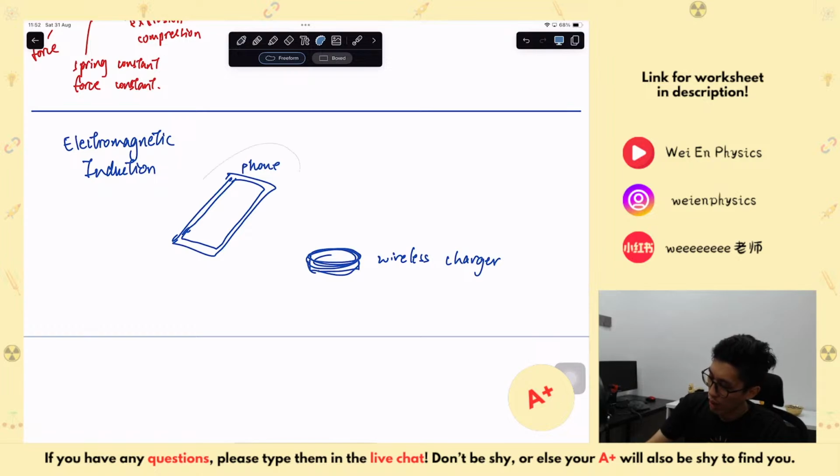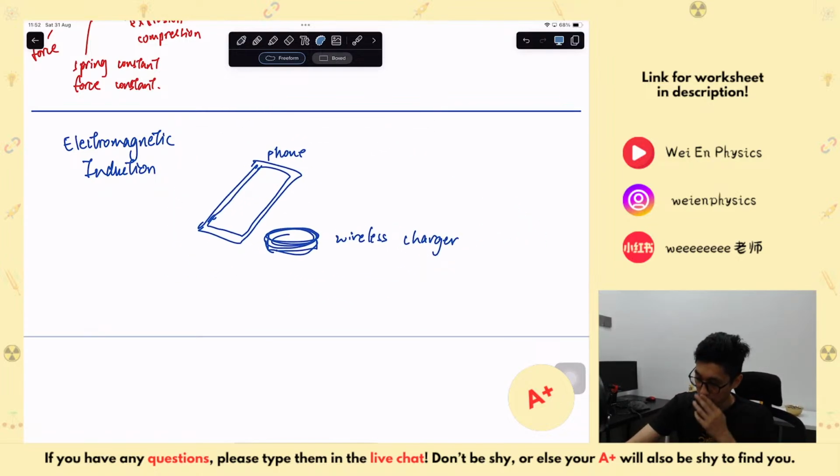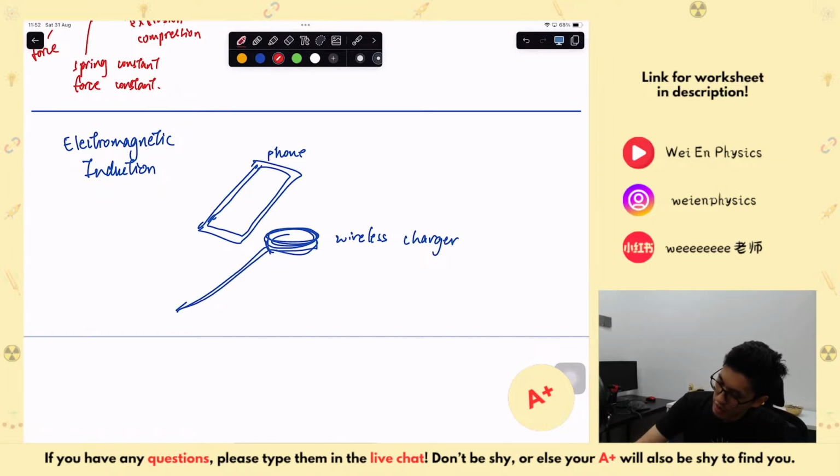So why can the wireless charger charge your phone? Because let's say you have AC going in, alternating current. This will produce a changing magnetic field.